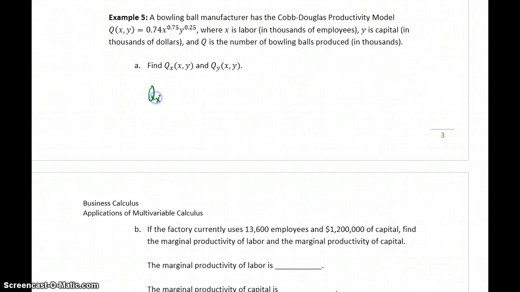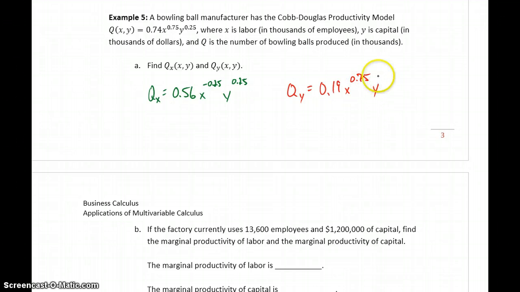So we're going to get Q sub x equals 0.56 x to the negative 0.25, y to the 0.25, and Q sub y, partial derivative with respect to y, will be 0.19 x to the 0.75, y to the negative 0.75.